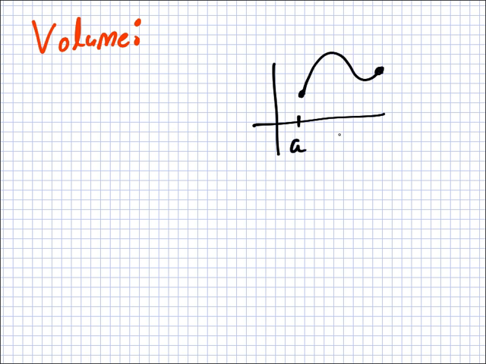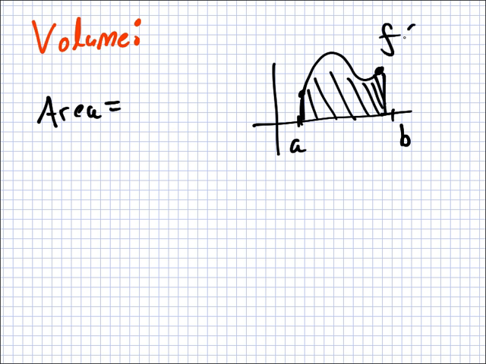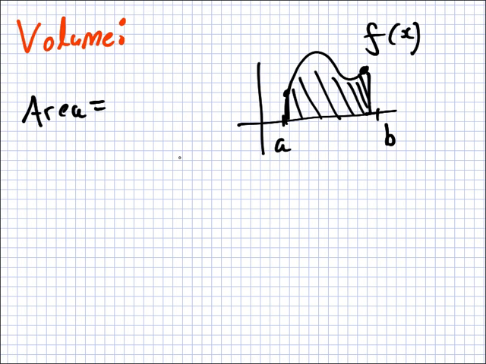Let's say this is A and this is B, and I want the area. How do I get the area? I want this area. Okay, what's that called? Now come on.